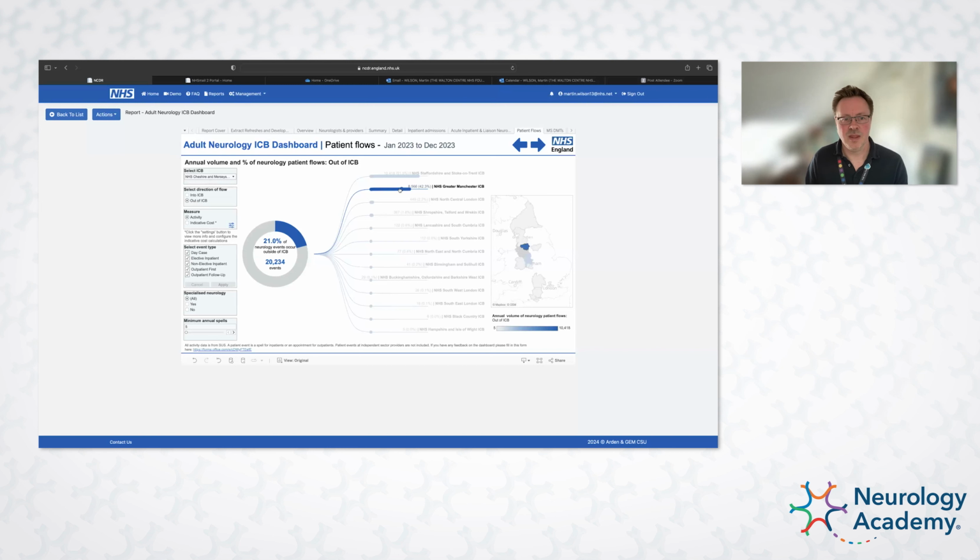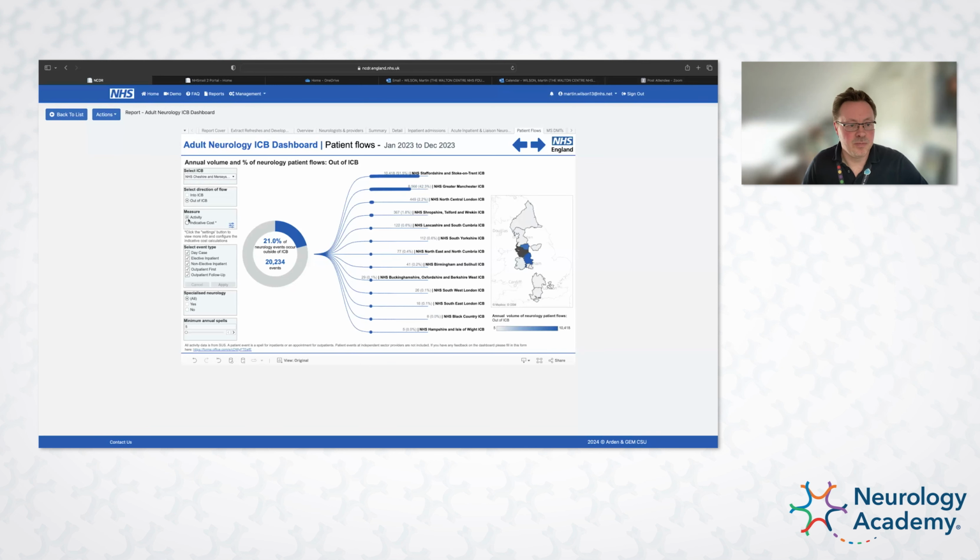I, for example, would look at this and say that's what I would expect, and would anticipate that these are patients from those trusts and areas in the east and the south of the ICB that have always had a movement and flow and relationship with the neuroscience centres in those other ICBs. That's probably exactly what I would expect.